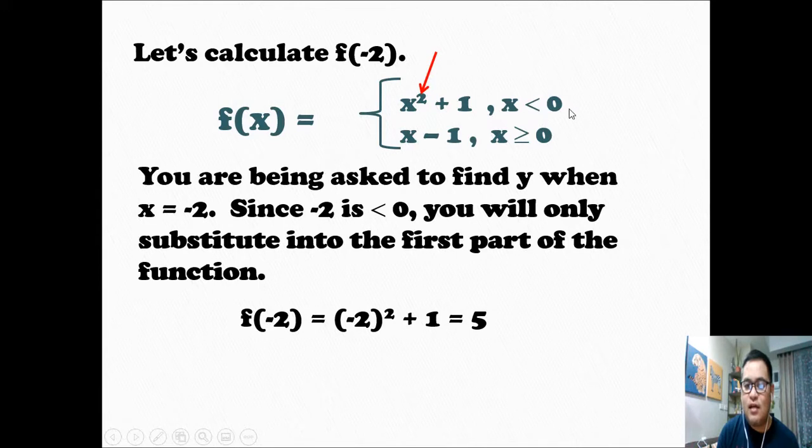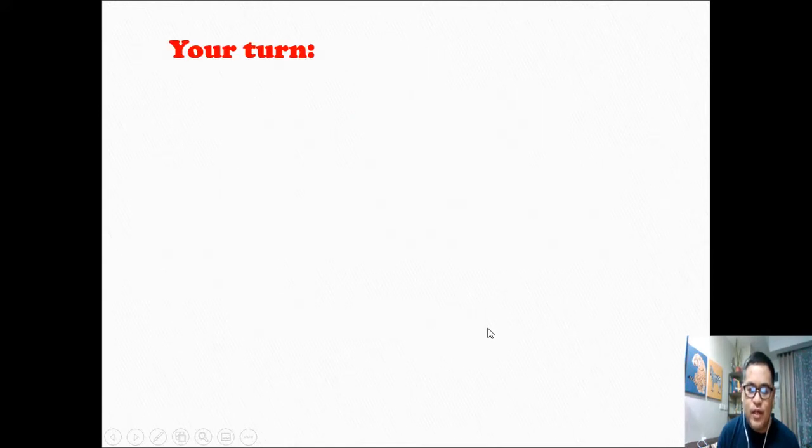You cannot substitute it in the other part because that says x is greater than or equal to 0. So negative 2 raised to the second power plus 1: negative 2 squared is positive 4, plus 1 equals 5. Therefore, the value of that function is 5.